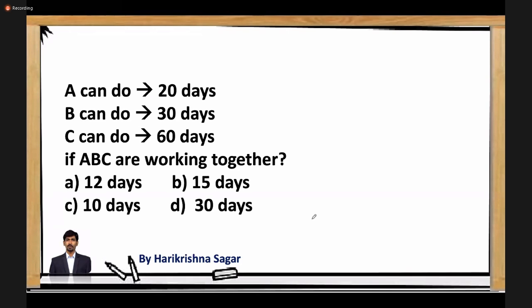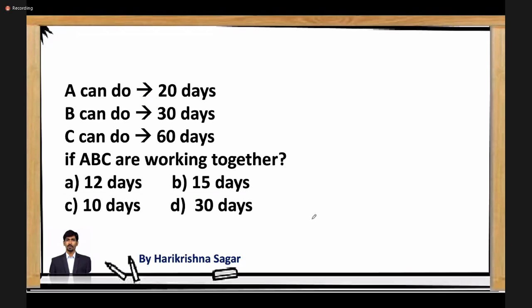A question which is from the chapter of time and work. You are able to see the data is given as: A can do a work by taking 20 days of time.